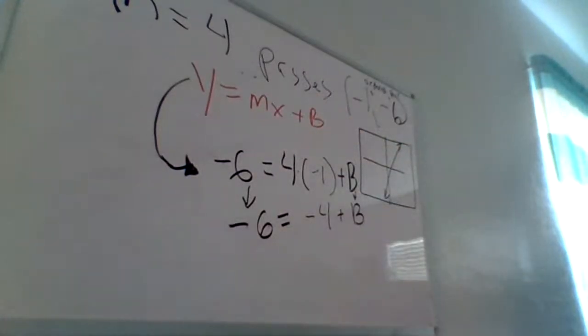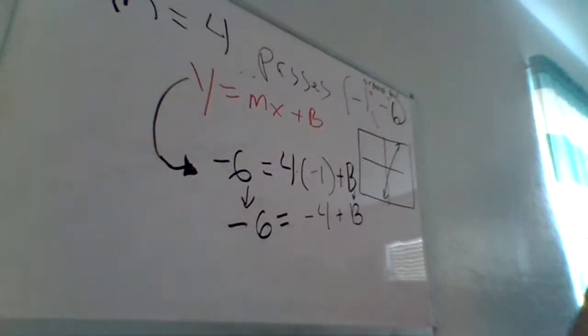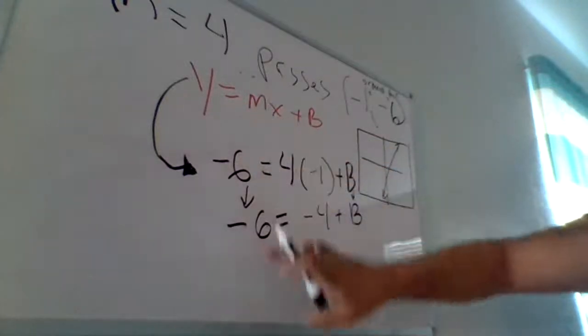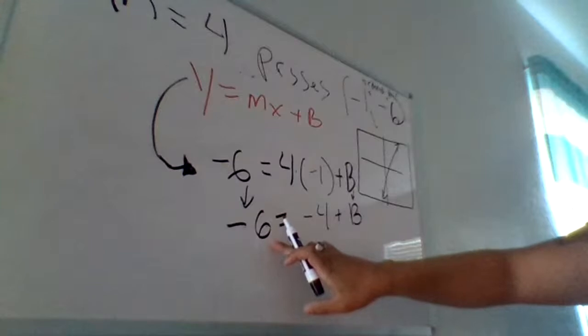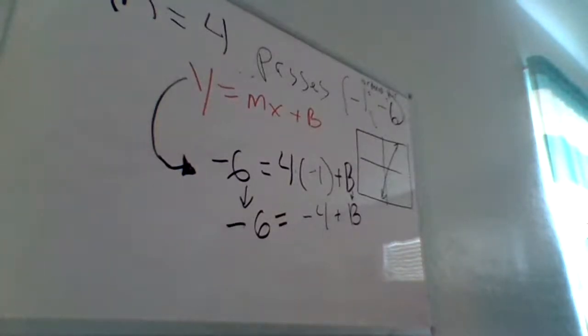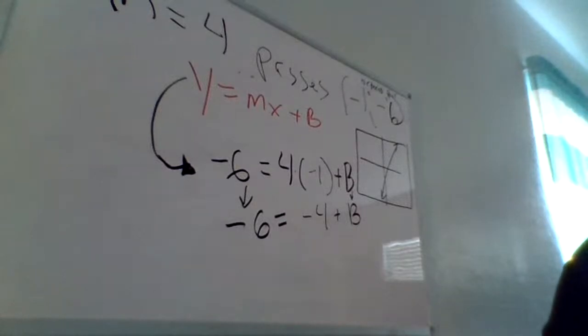I wasn't going to say the step, but I want to see if everybody. Remember, see how we need to put all of this back into slope-intercept form, right? So right now, instead of a y, we have -6. So we need to get it alone. Do we just solve the equation? Pretty much. So how would you do that?